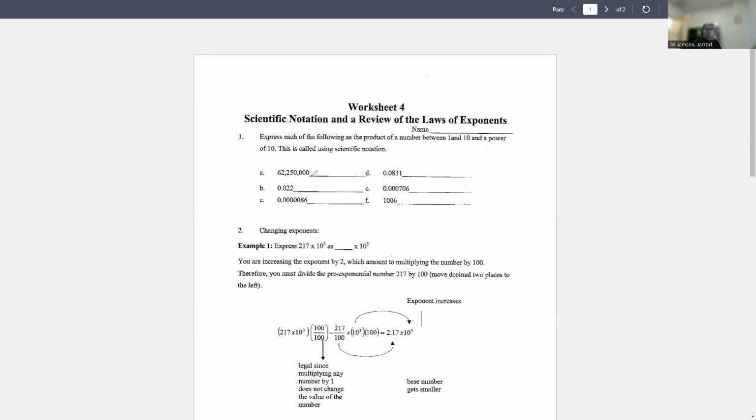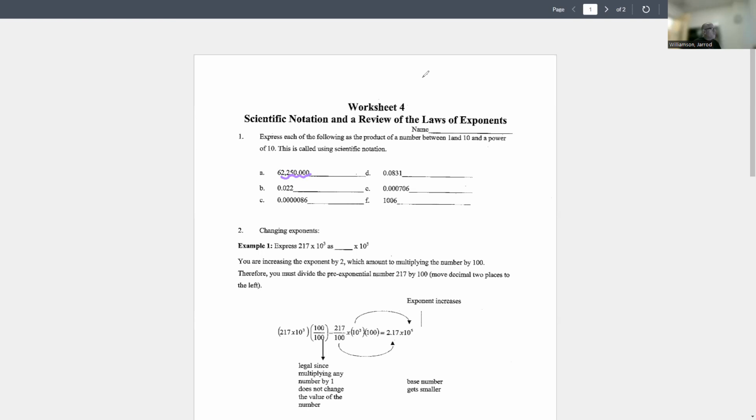Okay, this is 62,250,000. To turn it into scientific notation, I need to move the decimal point 1, 2, 3, 4, 5, 6, 7 decimal places to the right.